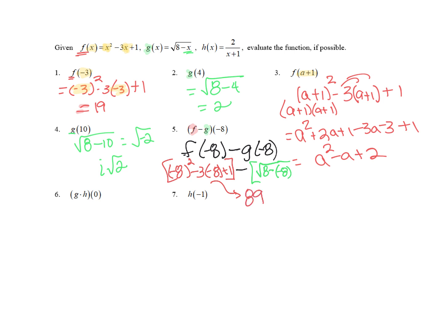That means you're doing negative 8 squared, and then you multiply negative 3 times negative 8, which is positive 24, plus the 1. So you get 89 out of that. On the other side, the square root of 8 minus a negative 8, that's 16, and the square root of that is 4. And so then I'm going to subtract those two values and get an answer of 85.